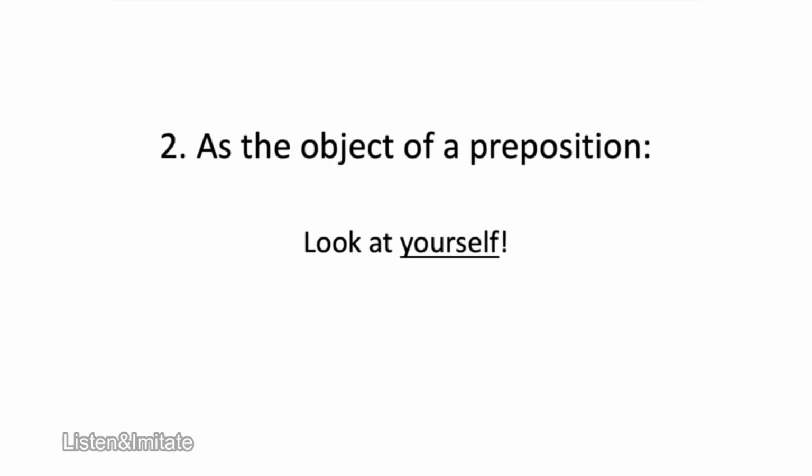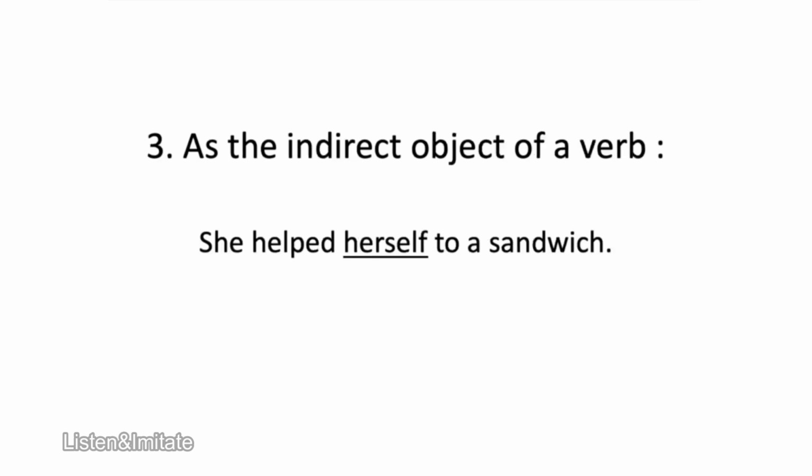Reflexive pronouns can also be used as the object of a preposition. Look at yourself. At is a preposition. Yourself is the reflexive pronoun. Reflexive pronouns can also be used as the indirect object of a verb.